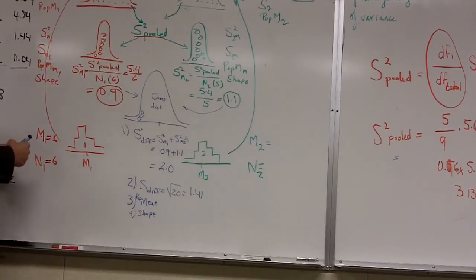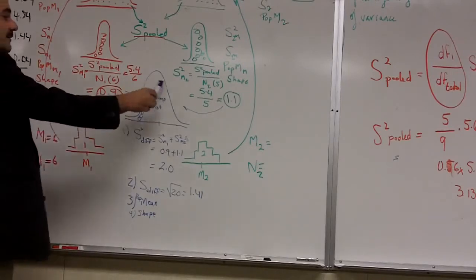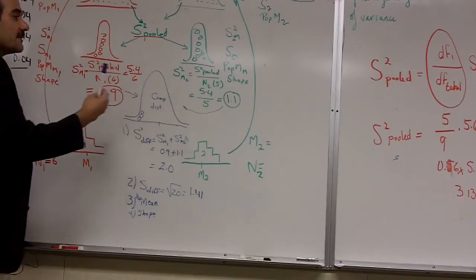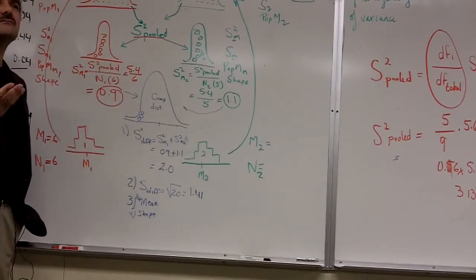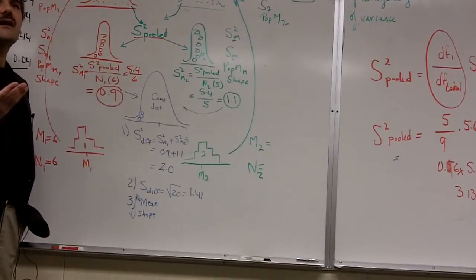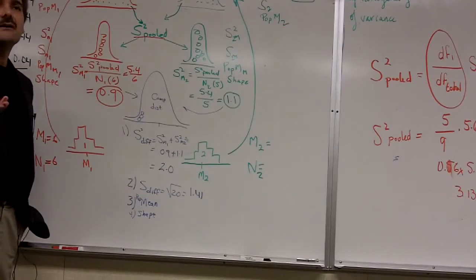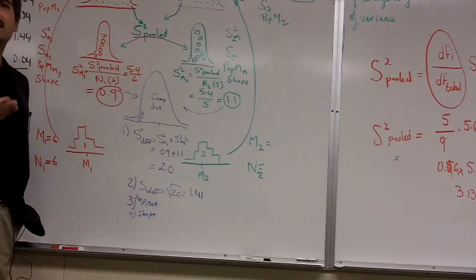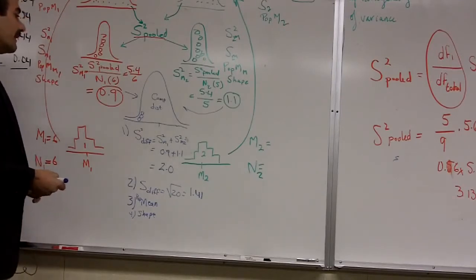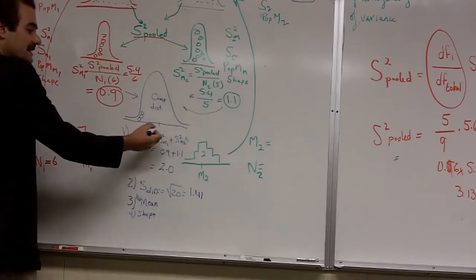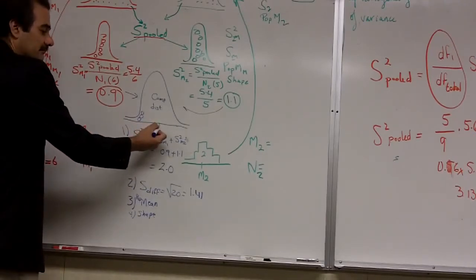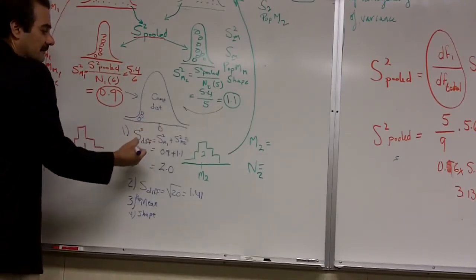And the question is, this comparison distribution, remember, is a distribution under what? Under the null. Well, what is the null in this case? That the means are equal. Therefore, you can say that the mean of this one is what? 0.